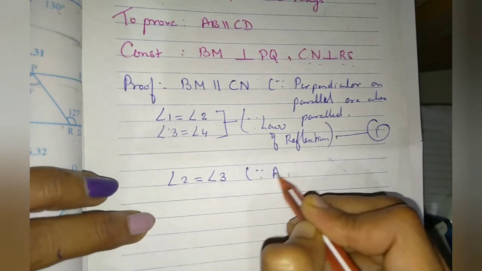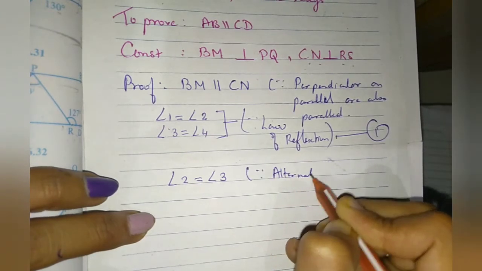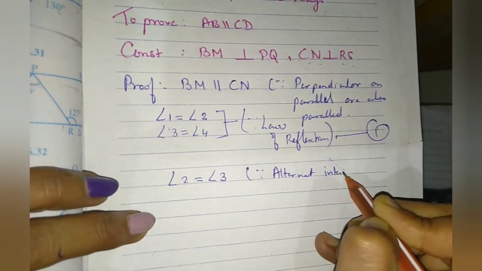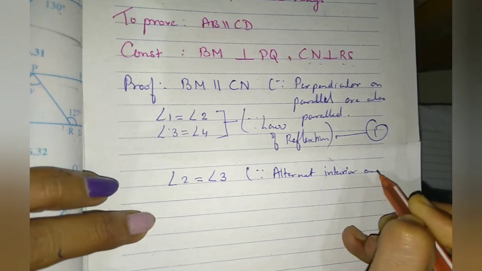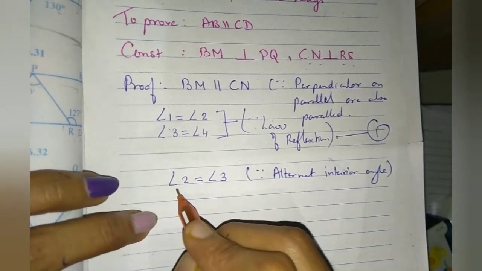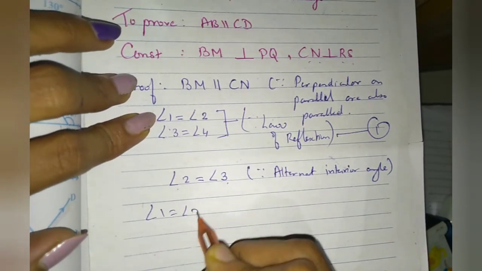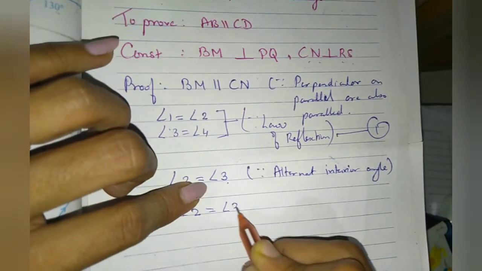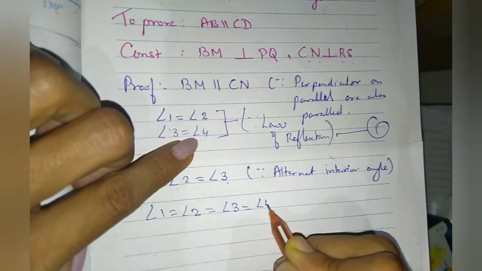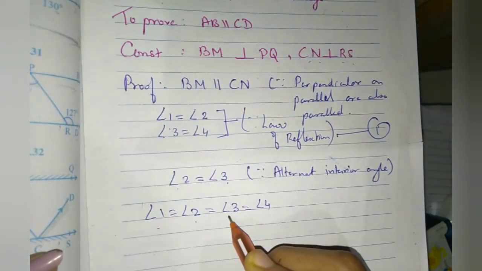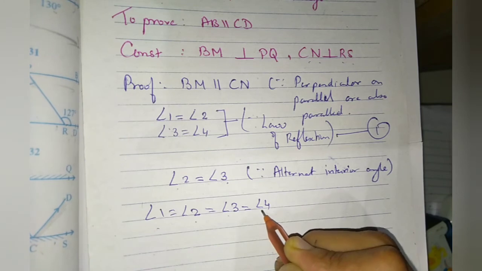Since 2 is equal to 3, we can write that 1 is equal to 2, 2 is equal to 3, and 3 is equal to 4. So 1 equals 2 equals 3 equals 4.